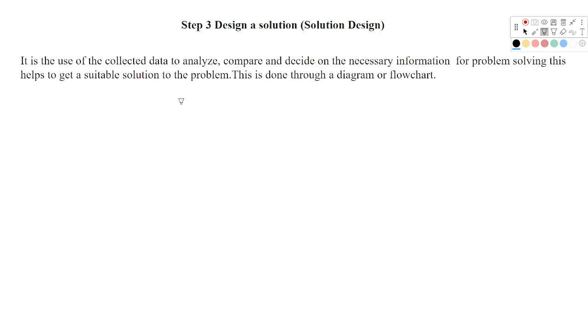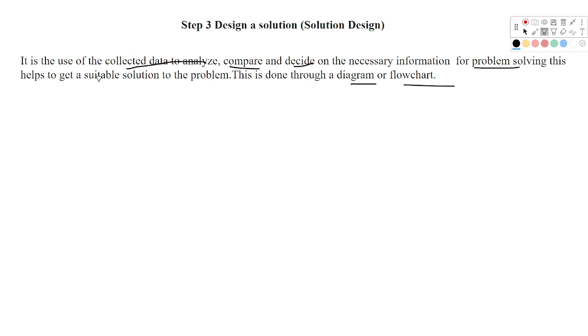It is the use of the data that you collected in step two, to compare and decide on the necessary information for problem solving. This helps to get suitable solutions to the problem, and it's done through diagrams and flowcharts.